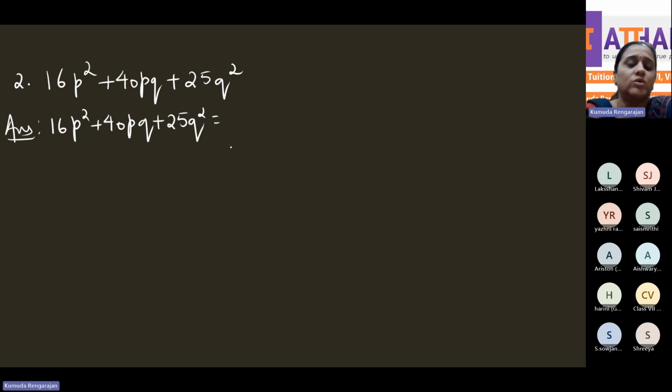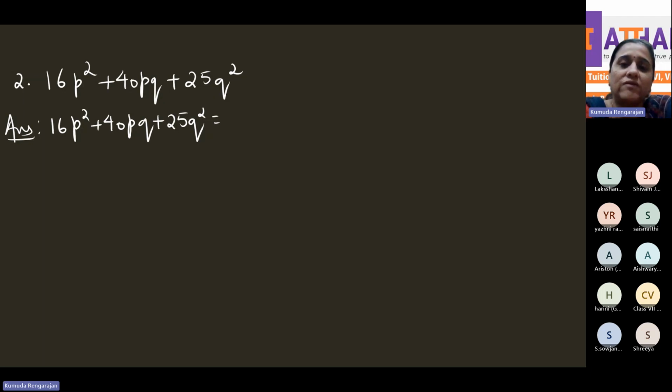All right. So again, here we have three terms. And the first and the last terms are perfect squares. Like in a square plus 2ab plus b square, you can see all the terms are positive. In the identity, all these three terms are positive. In the given expression also, all the three terms are positive.